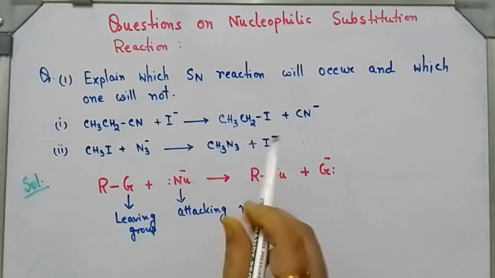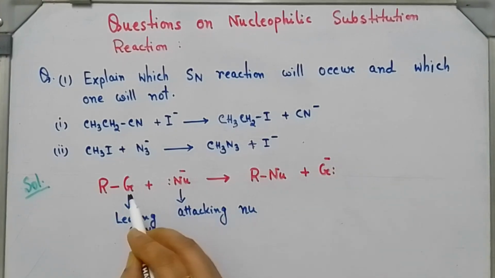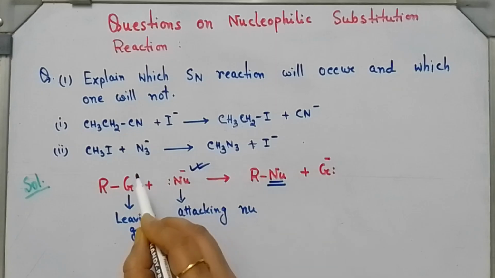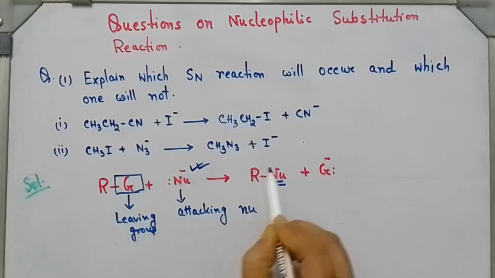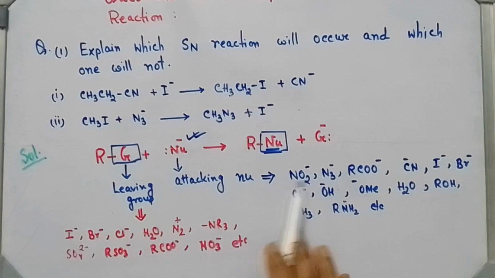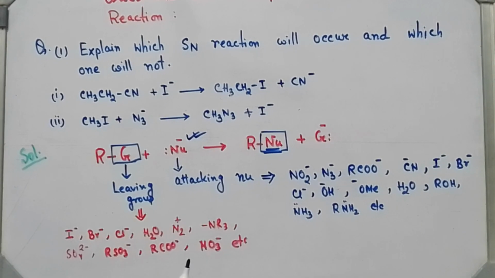So in nucleophilic substitution reaction, what happens? One nucleophile is substituted by another nucleophile. This is nucleophile, this part is also nucleophile. So this is substituted by this nucleophile. Now remember, these are attacking nucleophiles and these are leaving nucleophiles or leaving groups.